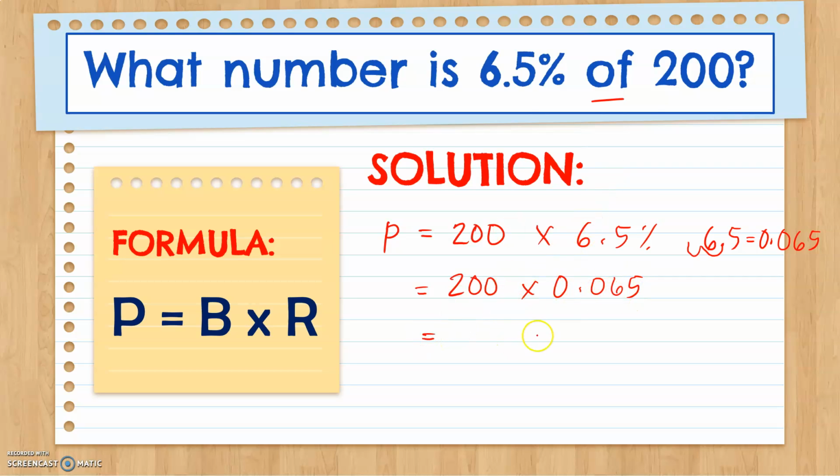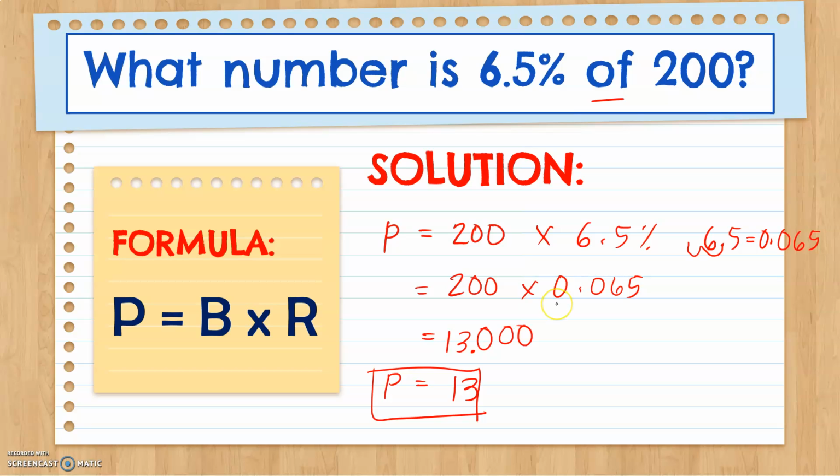We will have 0, 0, then this will be 13. Then we have here 3 decimal places. So the answer will be 13. Percentage is equal to 13.